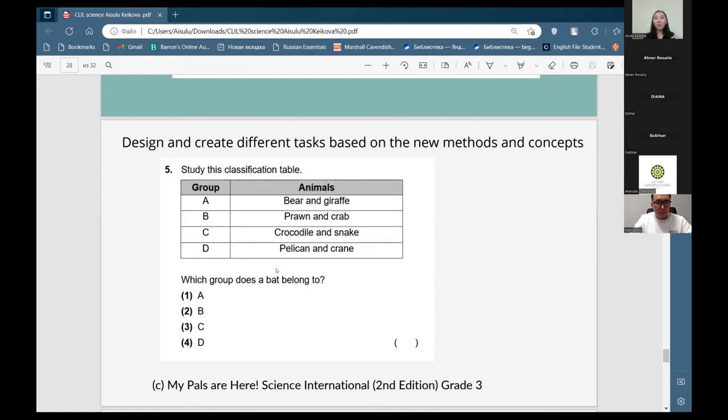And also another question was to ask about similarities. That's a good idea, right? Like similar characteristics, like how they breathe, how they give birth, and so on.